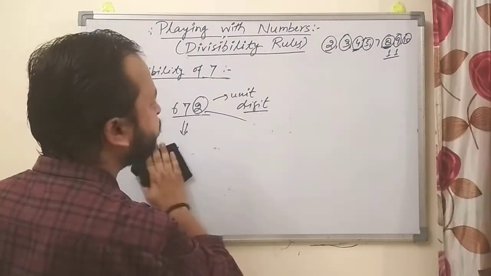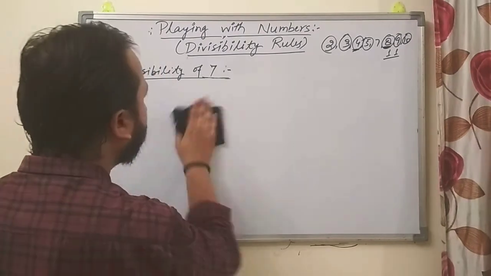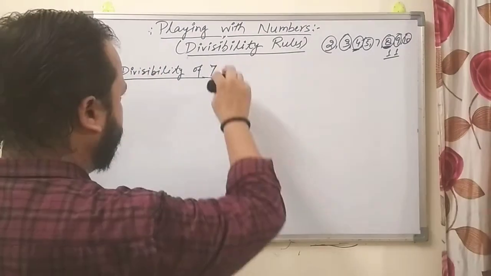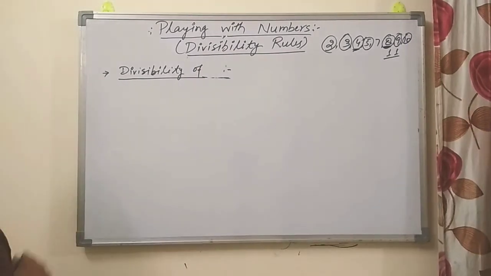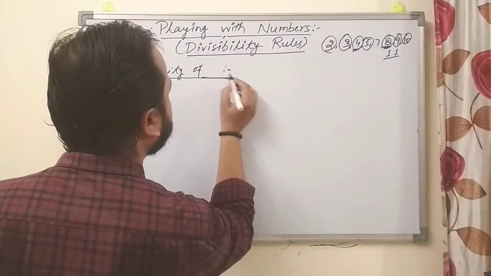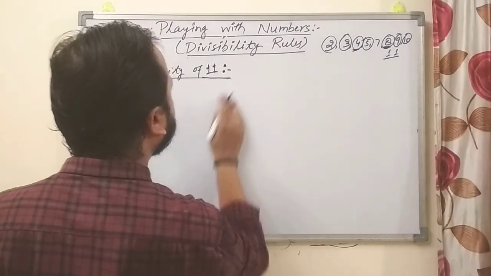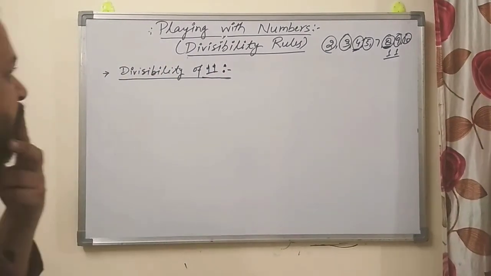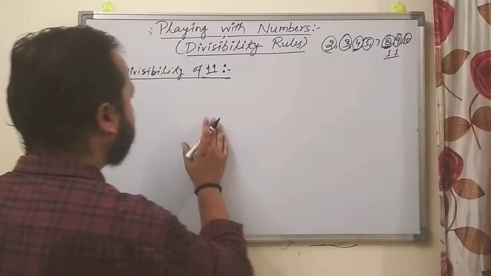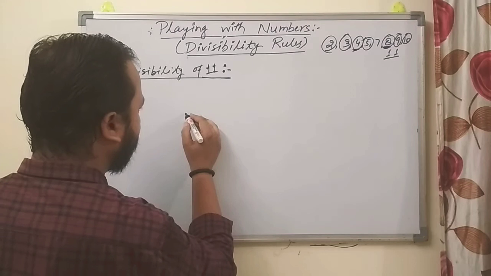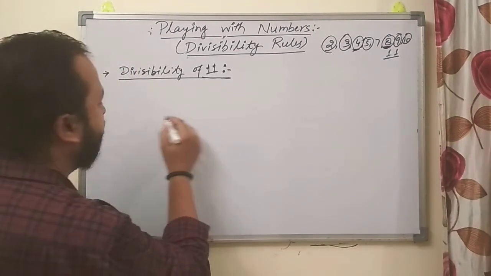Now come to the last part, the divisibility rule of 11. Suppose a number is given; we are going to understand by an example.